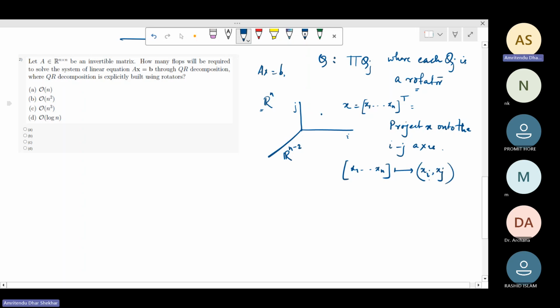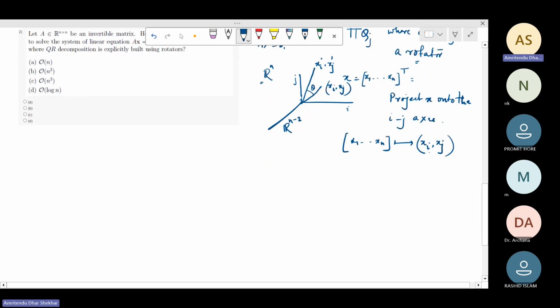So there's some point over here, xi comma xj. And you then rotate it, you pick some angle theta, and you rotate it by some angle theta, it goes to some xi prime and xj prime.